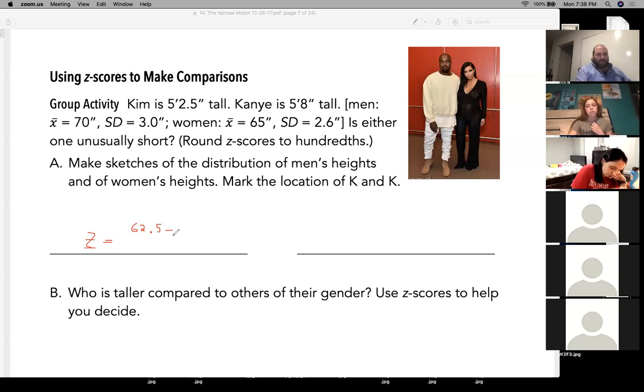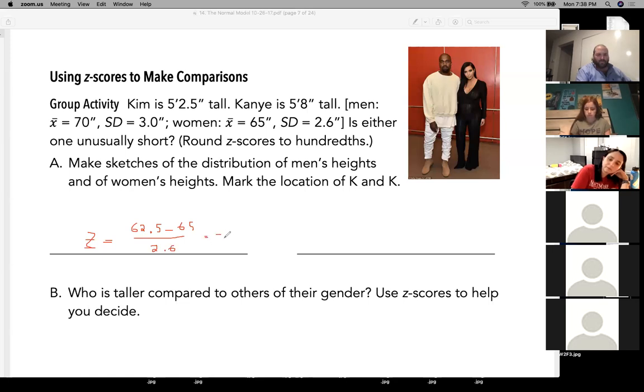And then we divide by the standard deviation for women, which is 2.6. And what do we get? Let's do the math. Negative 0.011... Hold on. Divided by 2.6. Negative, what was it?